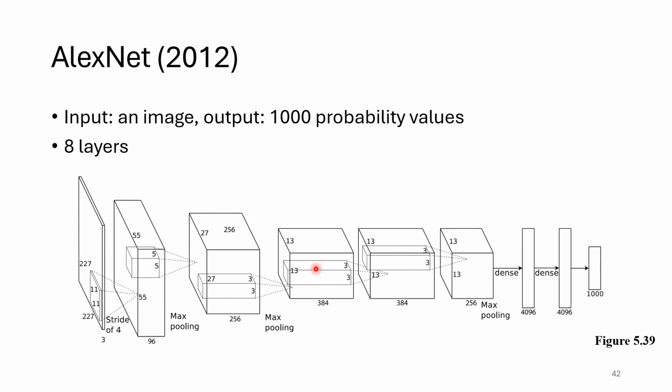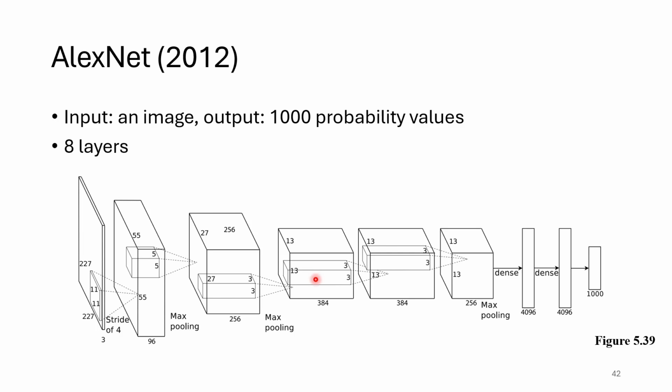The reason is because in 2012, the best GPU they could get was the GTX 580, and the VRAM of that GPU is only 2 gigabytes. Not enough. They need 2.8 gigabytes to store all of these parameters. So at the end they needed to separate the single network into two networks. But the architecture is the same.